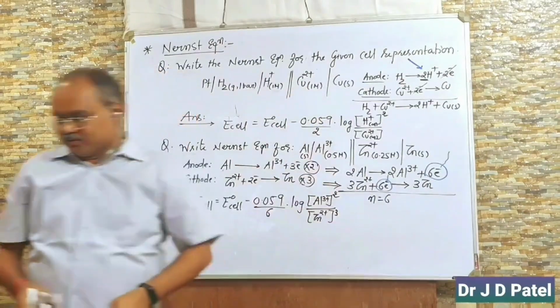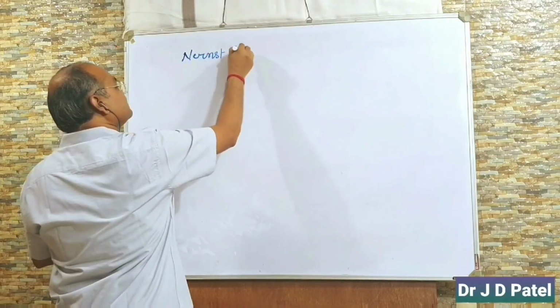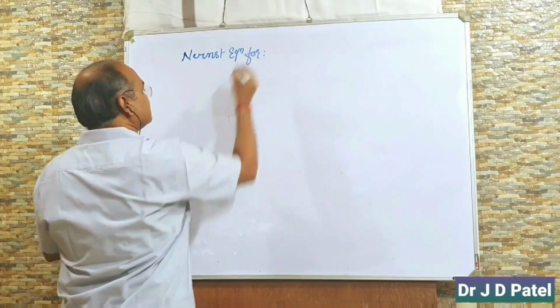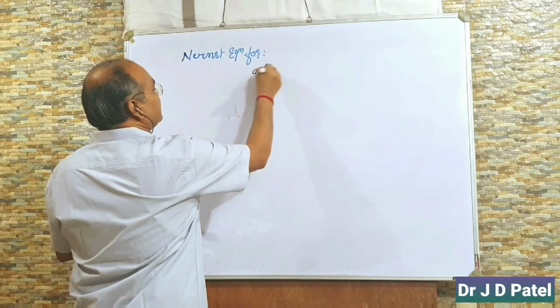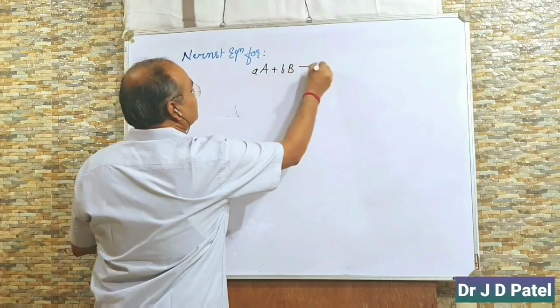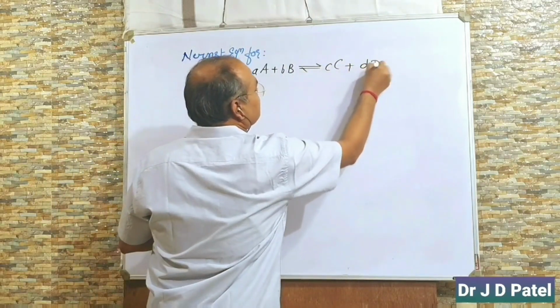Nernst equation for a reaction aA plus bB gives cC plus dD. This also you have studied in 11th standard, equilibrium, right?